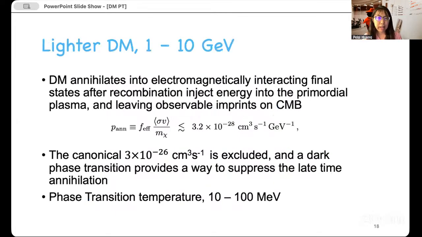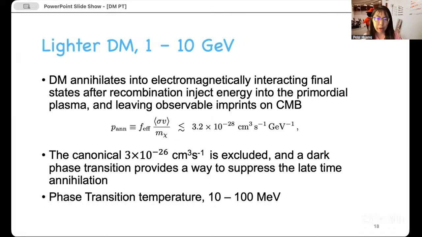There is one particularly interesting region where the dark matter mass is within the range of 1 to 10 GeV. In that range, dark matter annihilates into electromagnetically interacting final states. After recombination, this injects energy into the primordial plasma and leaves observable imprints on the CMB.